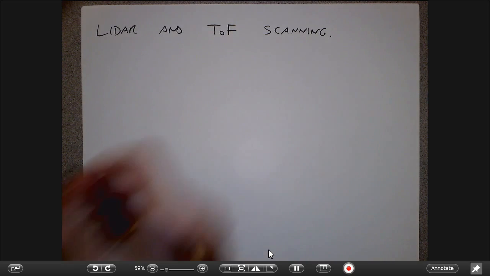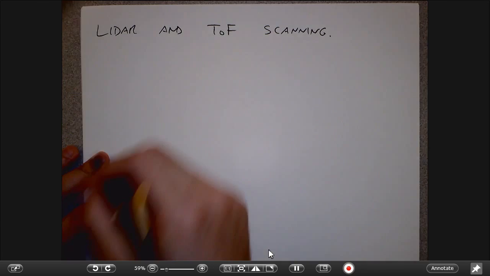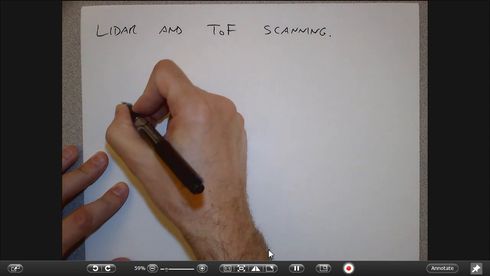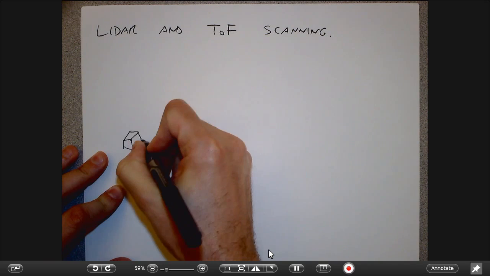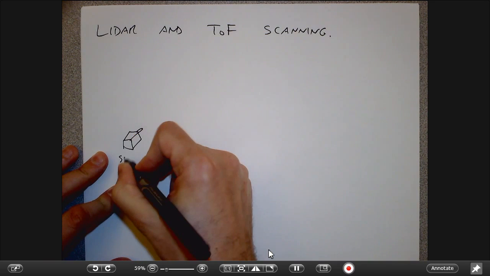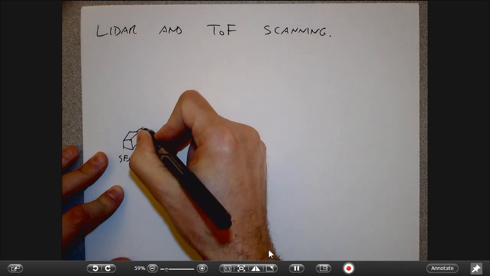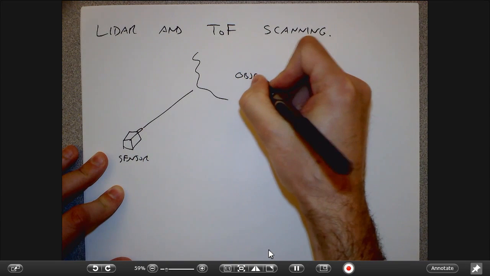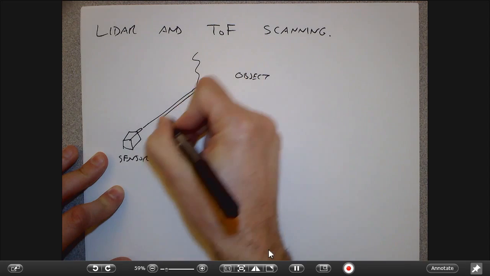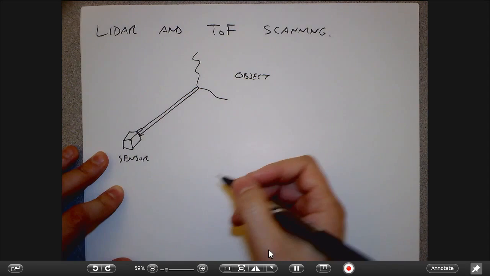What you get at the end of the day is what you'd call a depth or a distance image. Basically you have a sensor. I'm going to draw this kind of poorly, I'm sure. So this is a sensor. It probes the scene. You've got some object in the scene, and then that pulse comes back to the sensor.